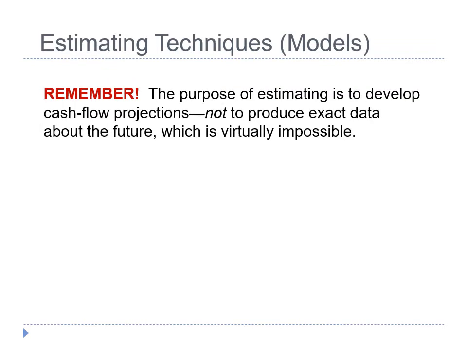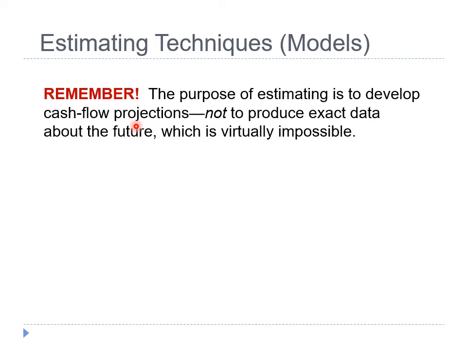The third basic component of the integrated approach involves estimating techniques or models. These techniques, together with the detailed cost and revenue data, are used to develop individual cash flow estimates and the overall net cash flows for each alternative. Remember, the purpose of estimating is to develop cash flow projections, not to produce exact data about the future, which is virtually impossible.